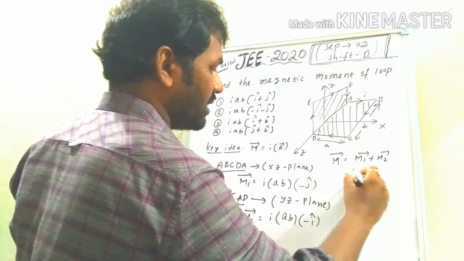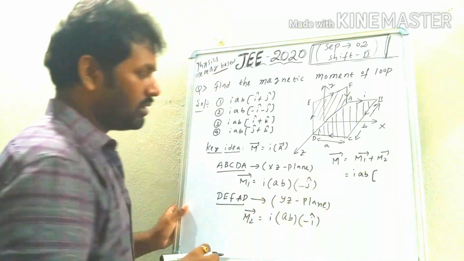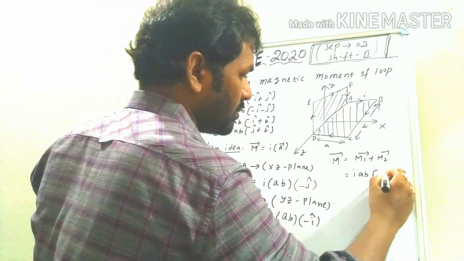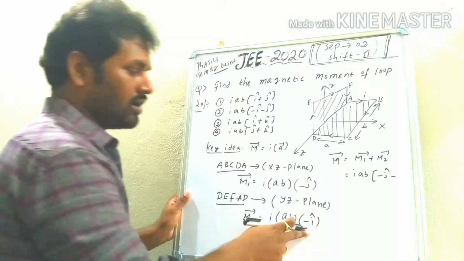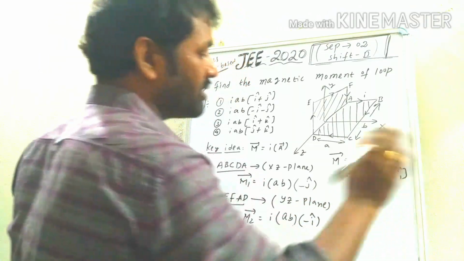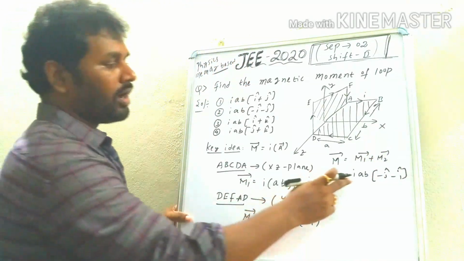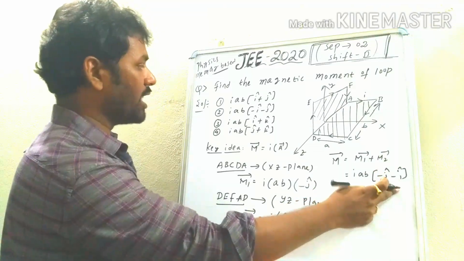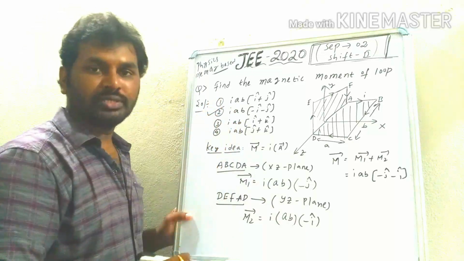So take I into AB common outside. The left part is minus j cap, and here is minus I cap. And you got the result, which is IAB times minus I cap minus j cap, which is option 2.